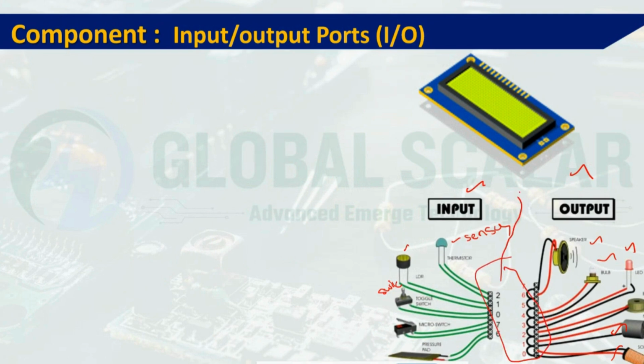We write the program, for example: whenever the switch is on, the bulb should be on. The logic is written in the code that we program into the controller, and based on that logic, the inputs and outputs are controlled automatically.